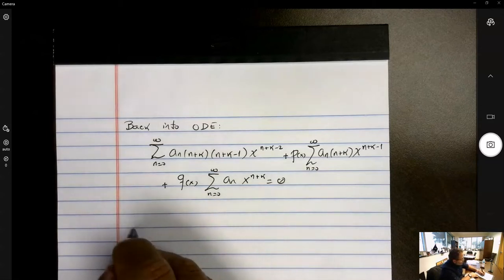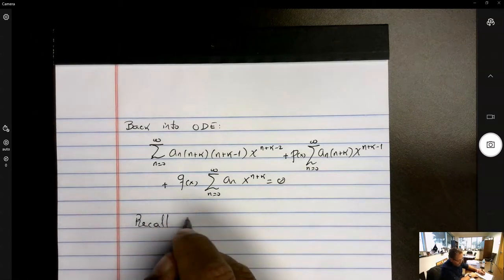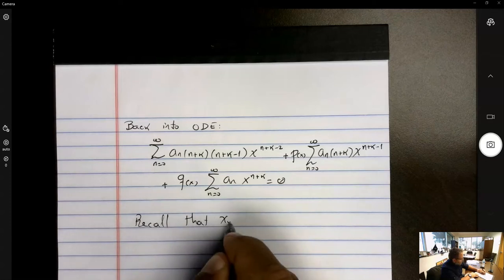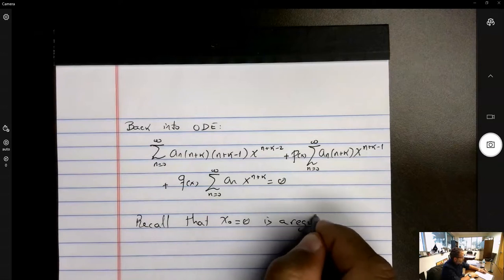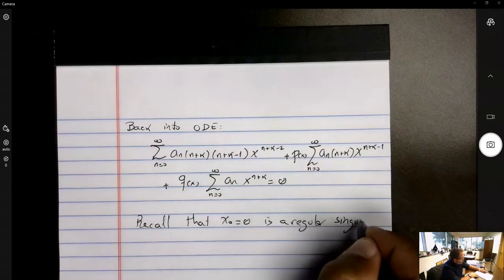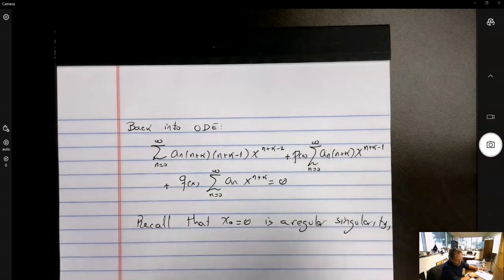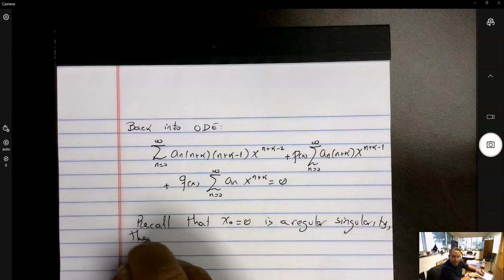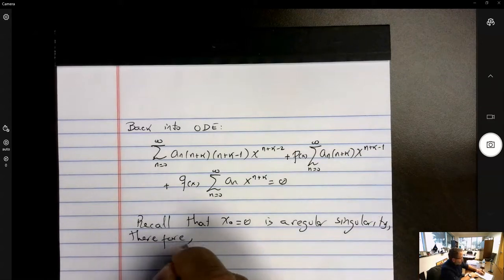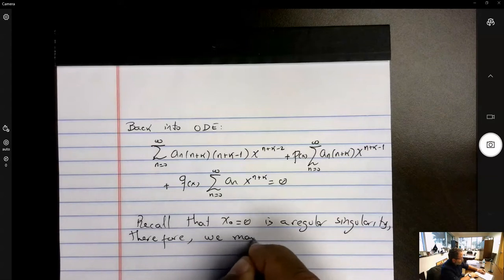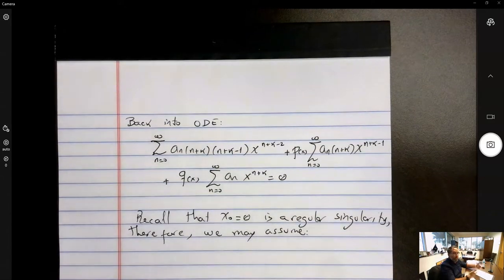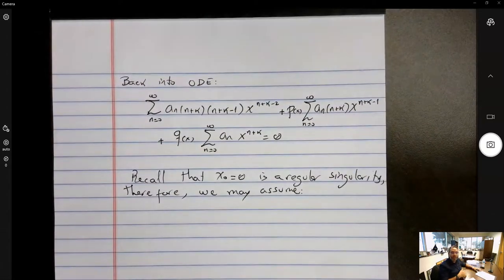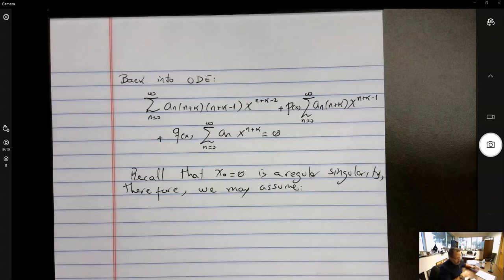Now recall that x0 equals 0 is a regular singularity. Therefore, we may assume, so remember that the reason why we did all this is because these functions p(x) and q(x) satisfy this condition of regular singularity.